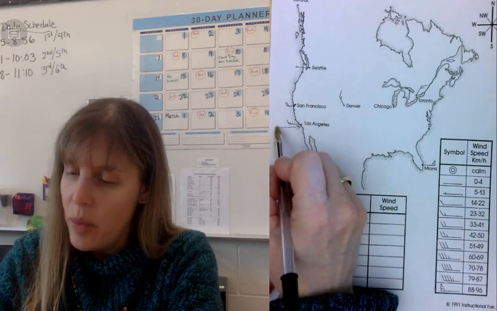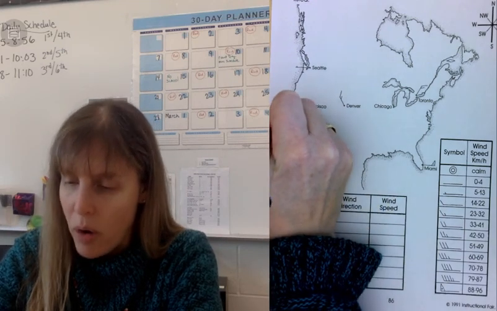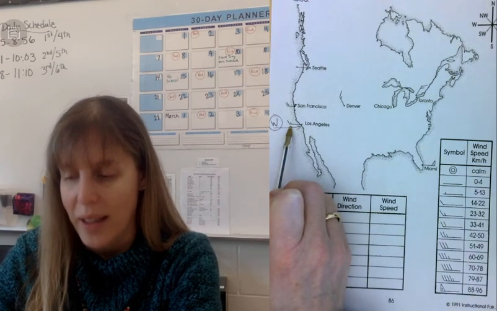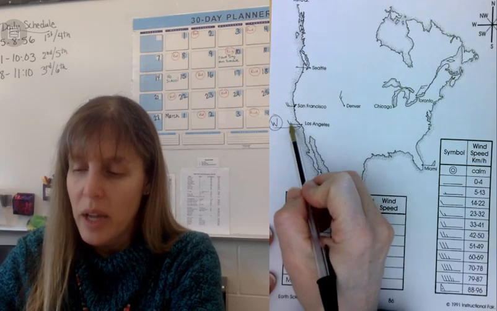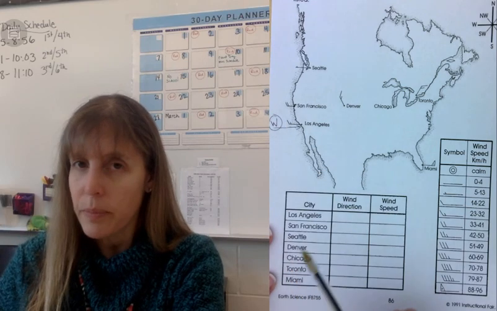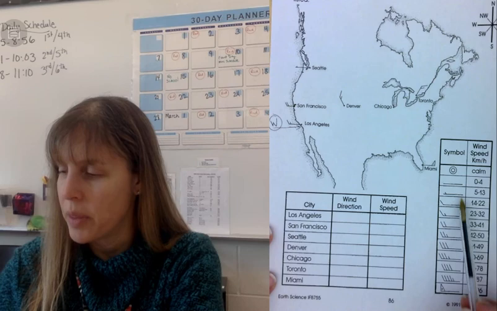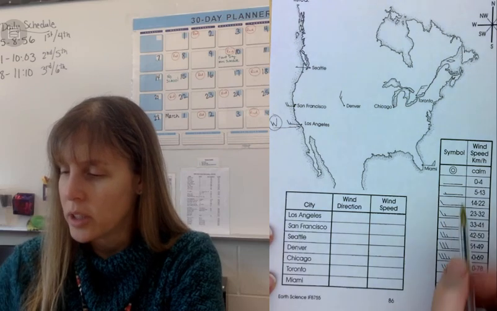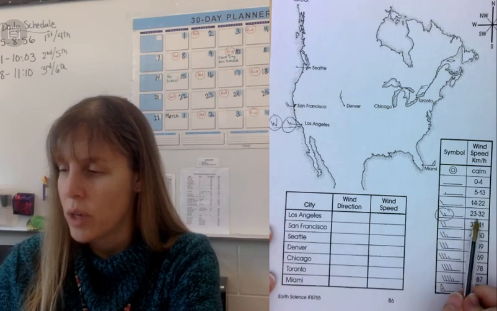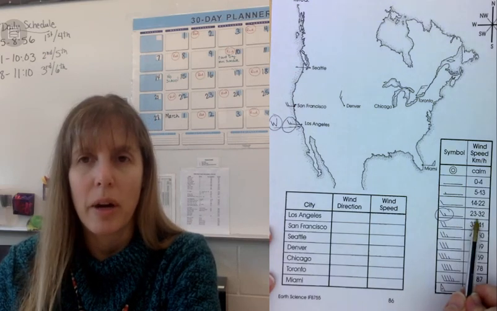And the wind is coming from the west. So this wind direction for Los Angeles is a west wind. If I'm looking at how fast the wind is going, I want to look at these little barbs here. Those barbs, I want to match up with these barbs. It looks like this and this are the same, and so it's 23 to 32 kilometers per hour.